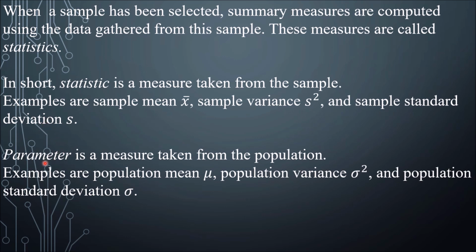A parameter is a measure taken from the population. Examples are the population mean, population variance, and population standard deviation. Again, a statistic is a measure taken from the sample. A parameter is a measure taken from the population.